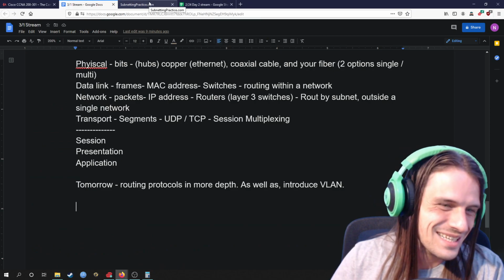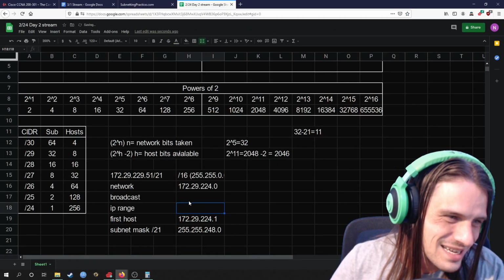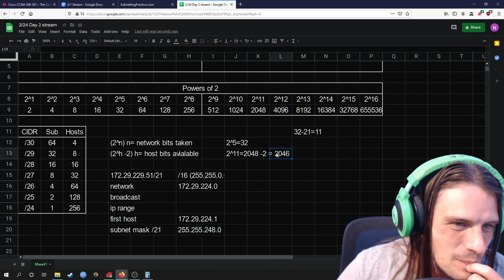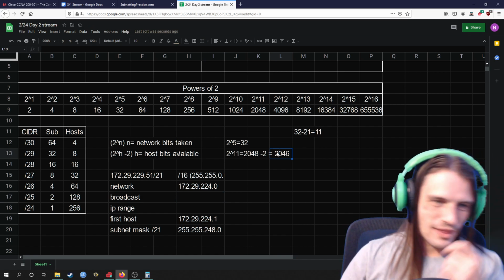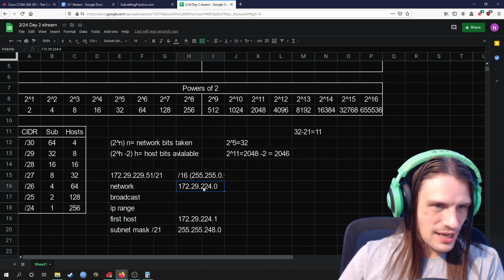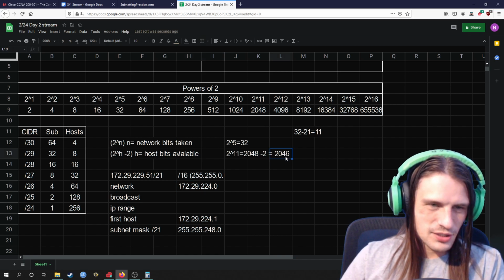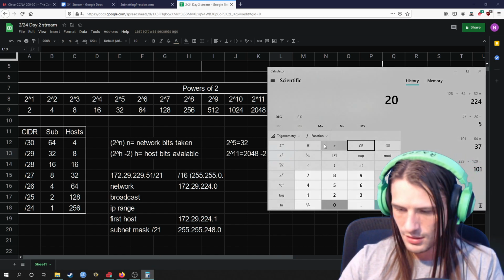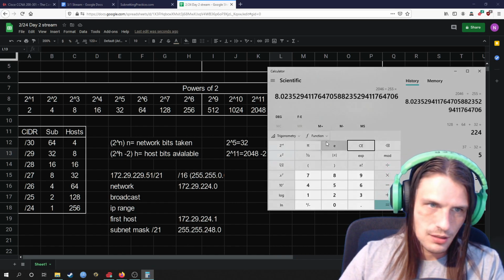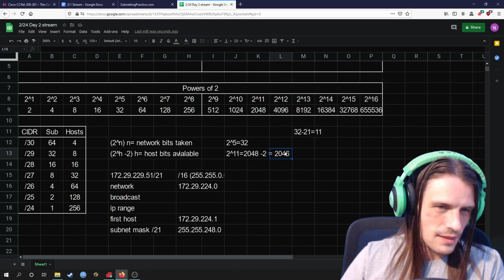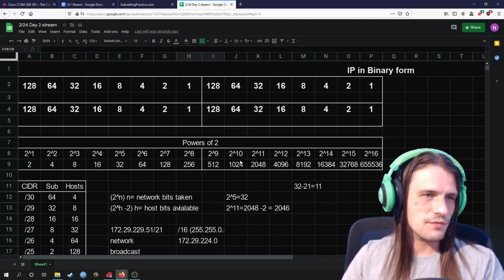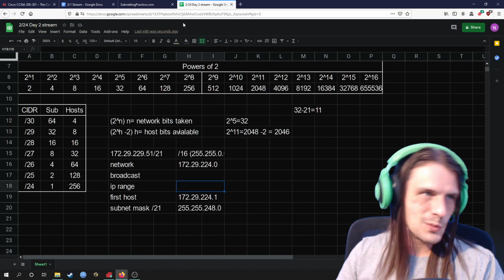Now, did I get a little confused and maybe screw some stuff up? Yeah, because I'm not entirely sure how I would go about adding that with that many hosts. Would I have to divide that by 255? I don't know, I've confused myself. But this is why we do it, right? So I'm going to have to work on that more.